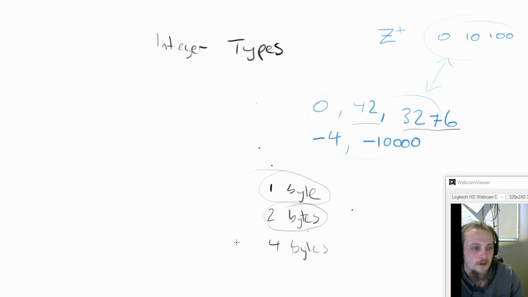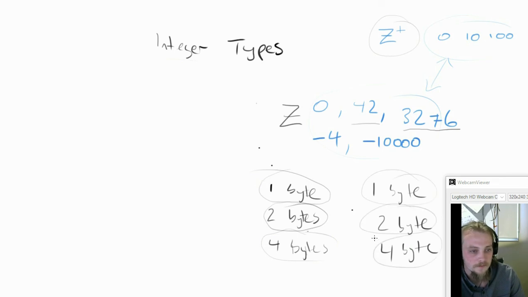Now, this is a decision that you have to make. And you also need to make the decision, do you just need positive numbers, or do you need all of the integers? Is my values going to always be positive, or are they going to be negative as well?